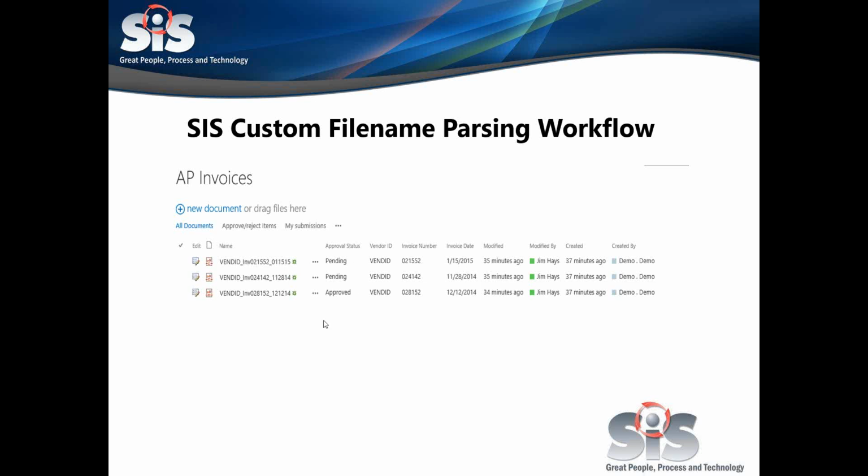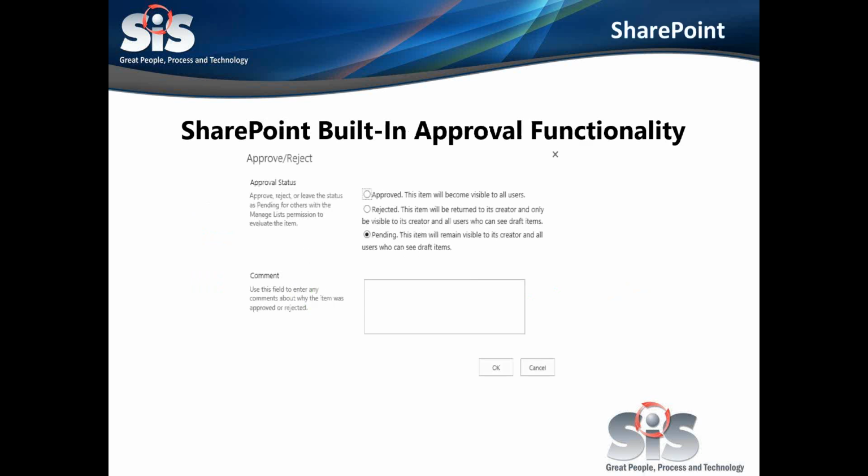Obviously, you could have other factors here as well. Once it's in there, it'll show up as pending. There are 2 different places, and I'll show you that in the demo, where you can go to get this screen that allows you to approve and reject. You can approve or reject and put a comment about that approval or rejection that will be stored in SharePoint.